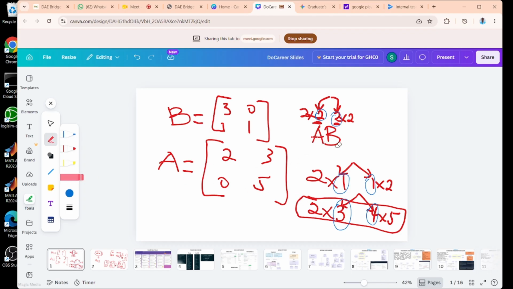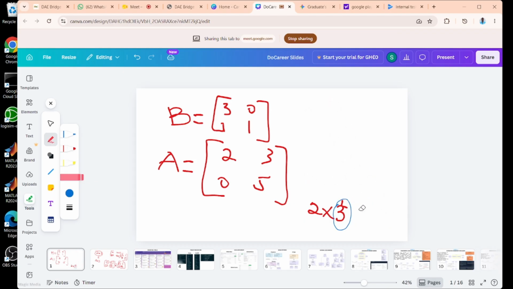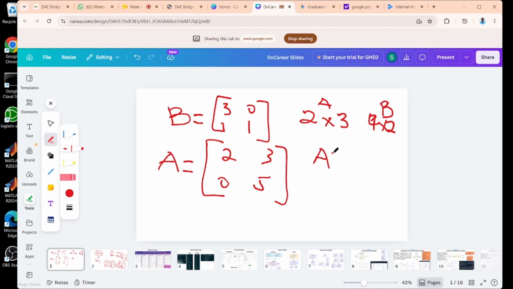One example is that it doesn't mean the two matrices are commutative. Let's say we have a matrix A that is 2 by 3, and a matrix B that is 4 by 2. If you want to do A multiplying B, that is 2 by 3 against 4 by 2.